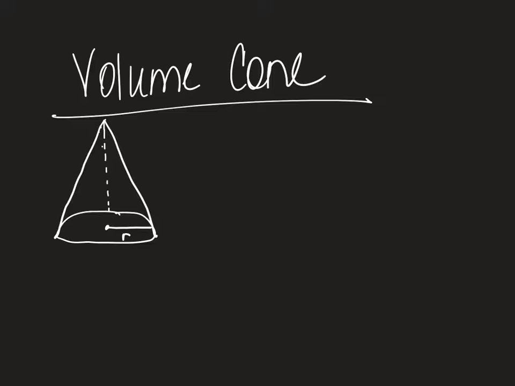So, a cone with the same base, and this right here is referring to your base, has the same height as a cylinder, right? But a cone has 1/3 of the volume that a cylinder has.